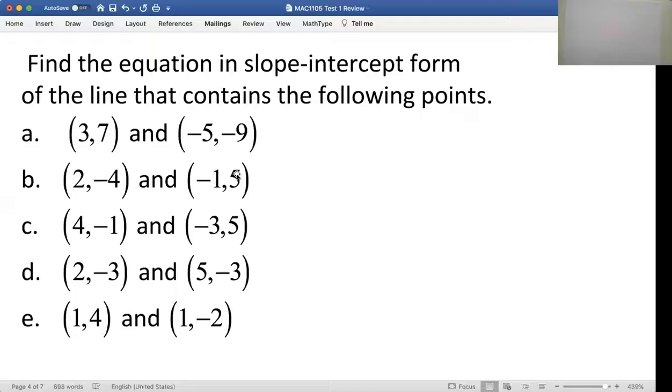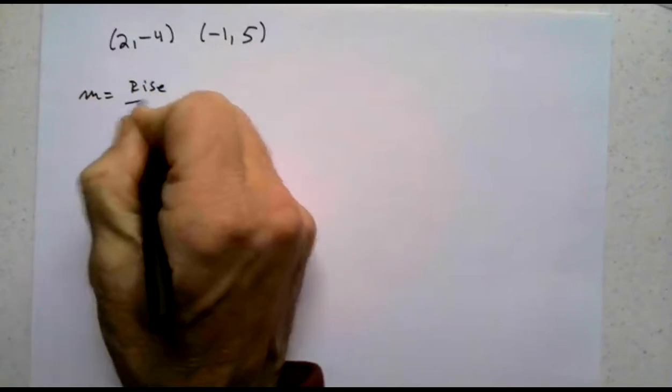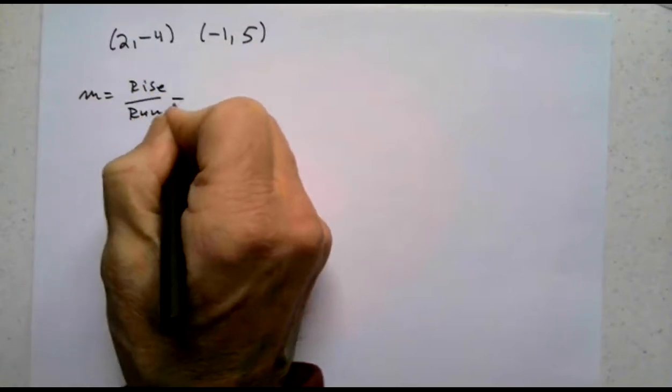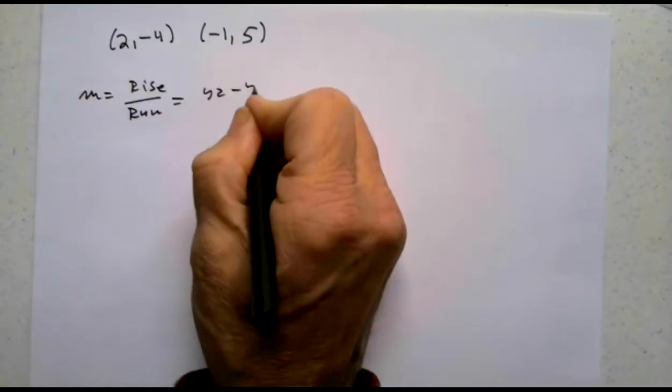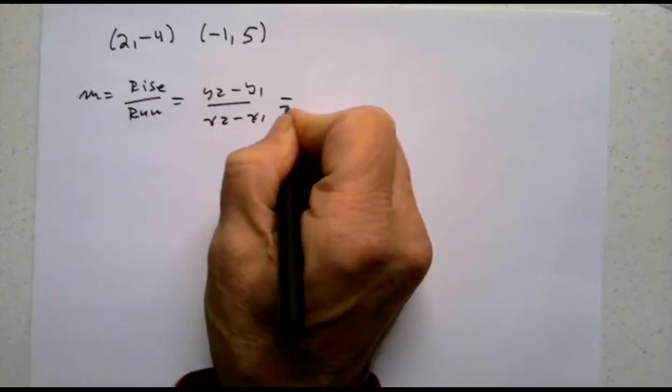It gives us the points (2, -4) and (-1, 5). I'm going to go ahead and say that the slope is rise over run, or y2 minus y1 over x2 minus x1.